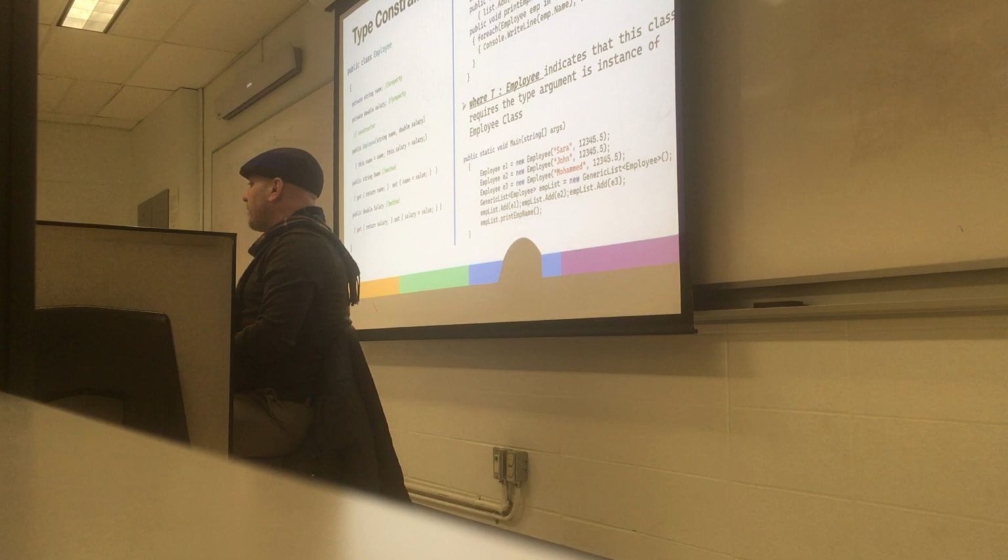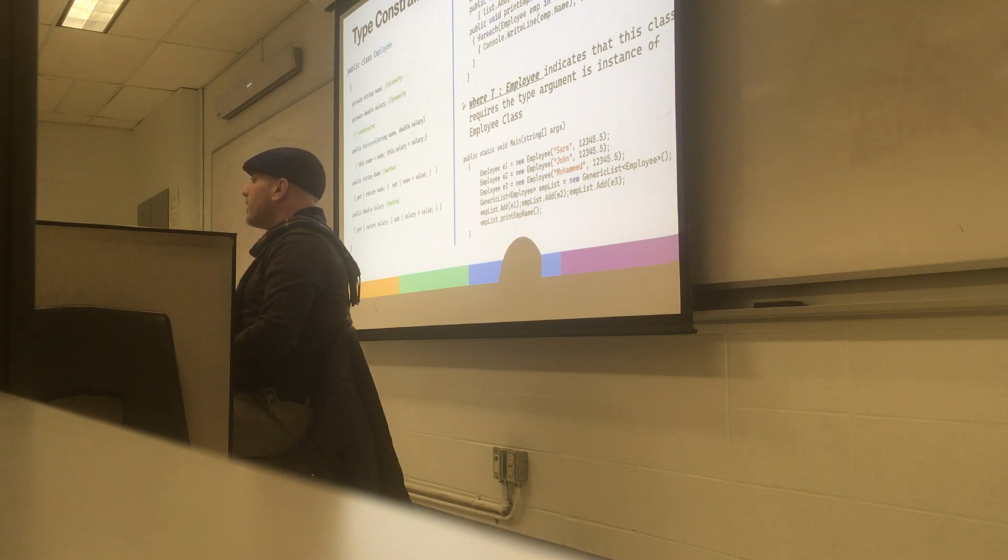In this example, I have class Employee. Here I create a generic class List of T, where T should be Employee. This is a collection class. Inside this class is a method to add the employee.